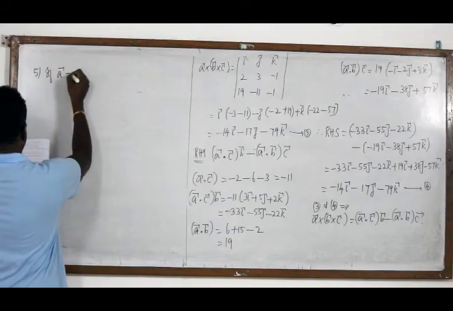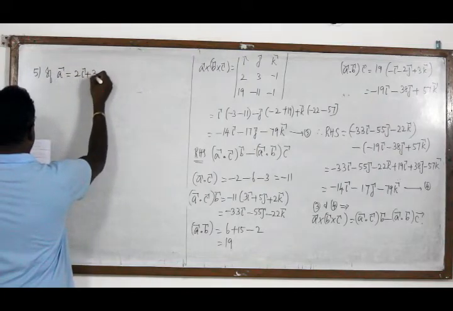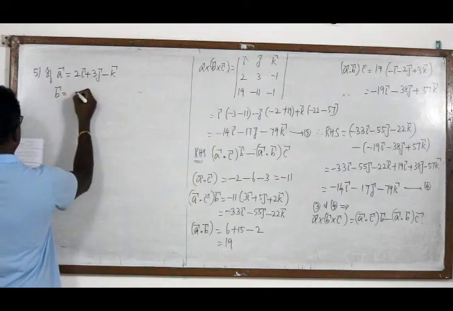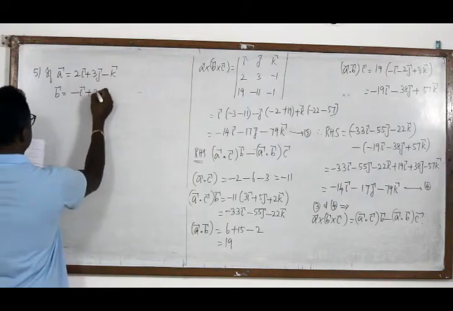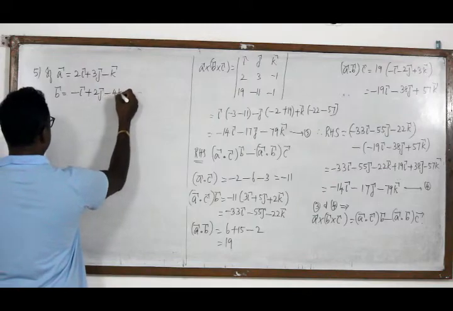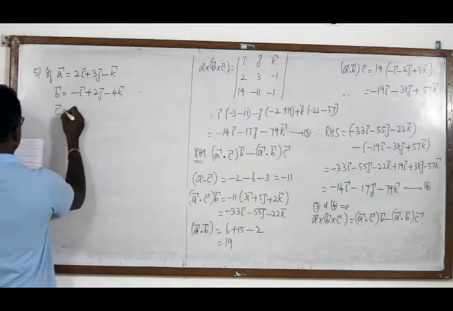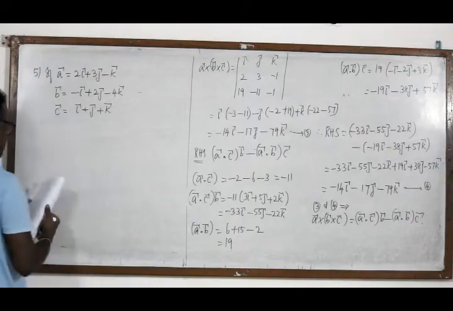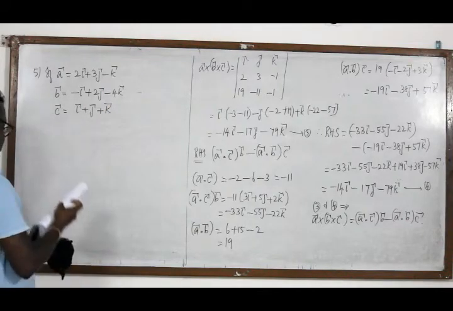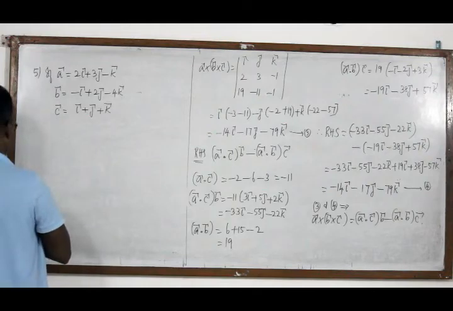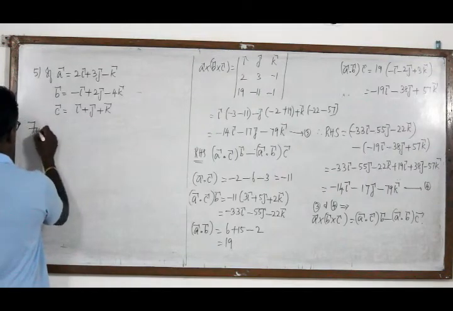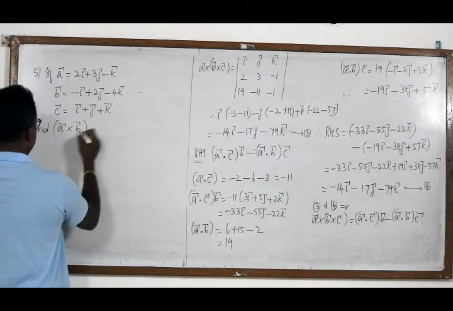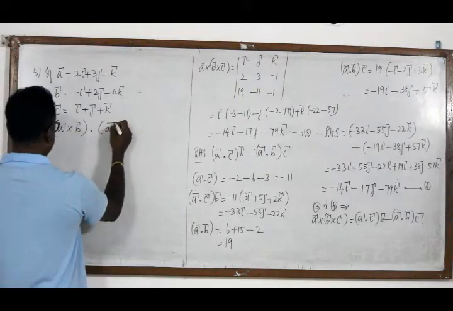If A vector equal to 2i plus 3j minus k, B vector equal to minus i plus 2j minus 4k, C vector equal to i plus j plus k. Find A cross B dot A cross C.